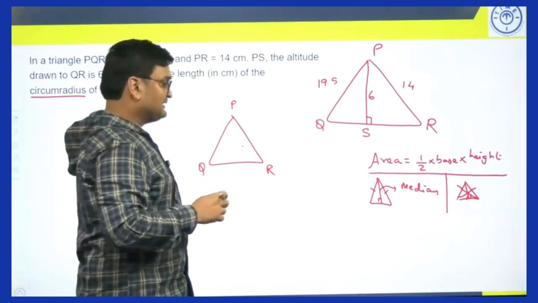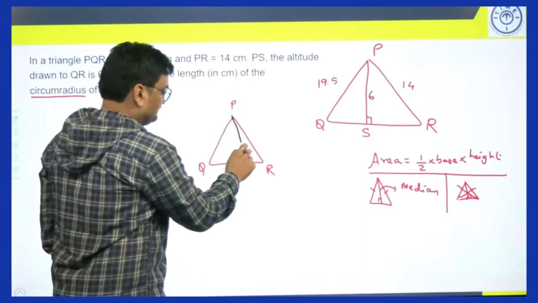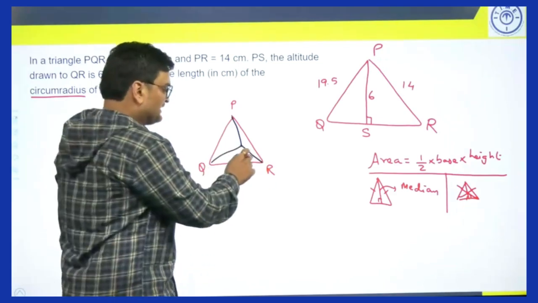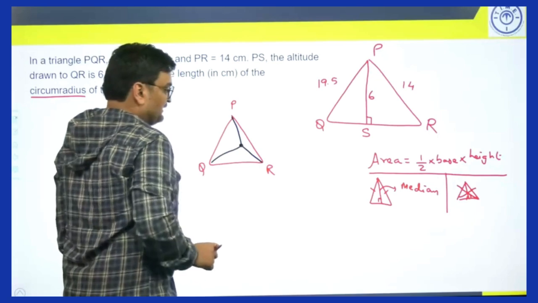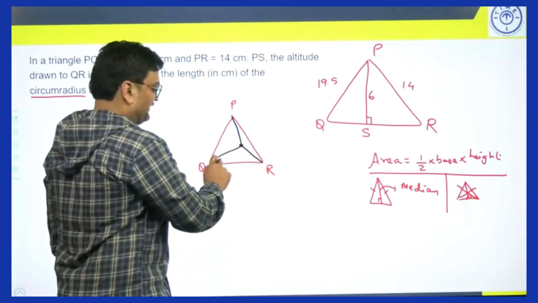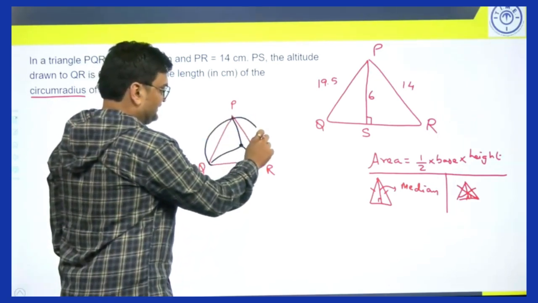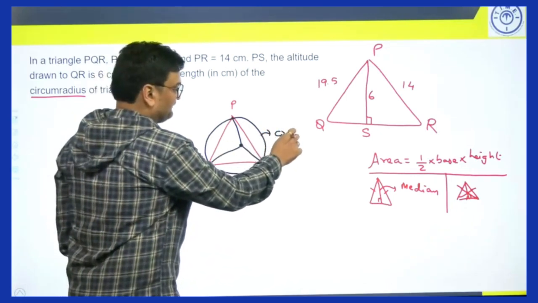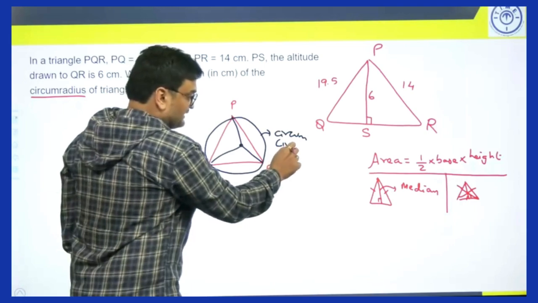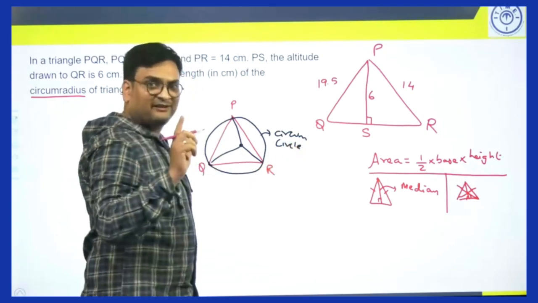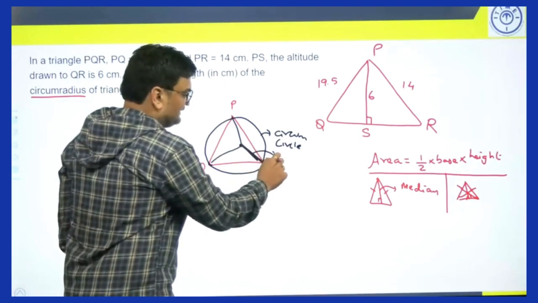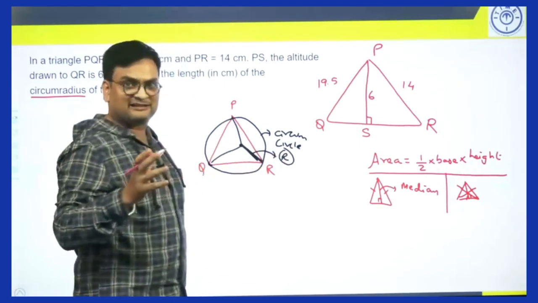This is a point which is equidistant from P, Q and R. So with this point as the center and radius as one of these distances, if I draw a circle, I will get a circle like this which passes through the three vertices. This is called a circumcircle. The radius of the circumcircle is called the circumradius, which we represent by capital R.